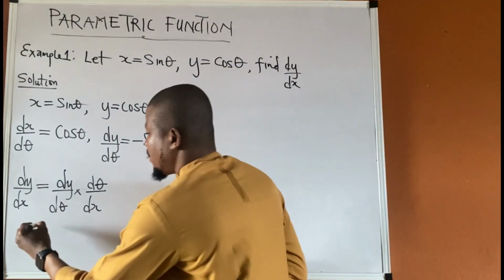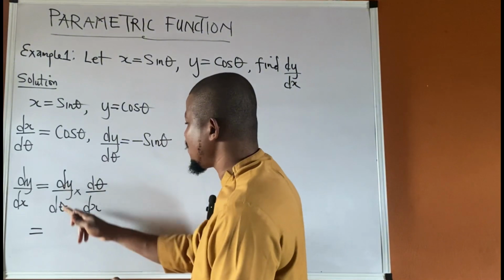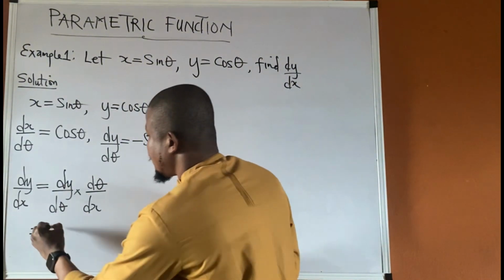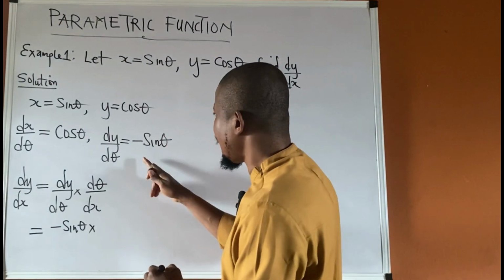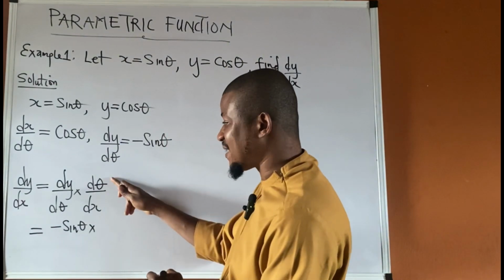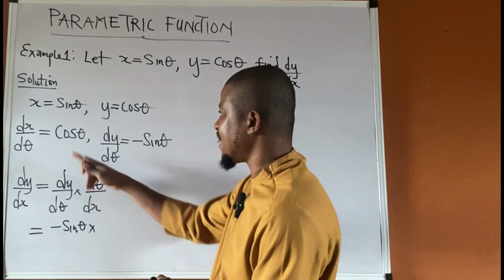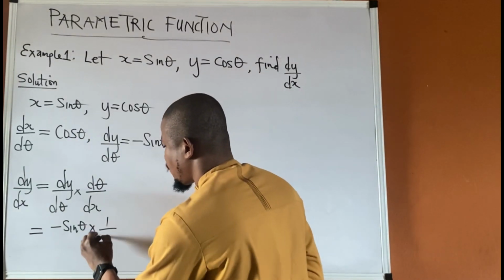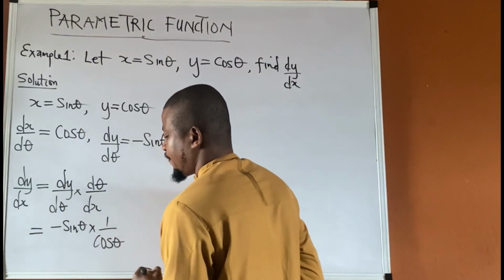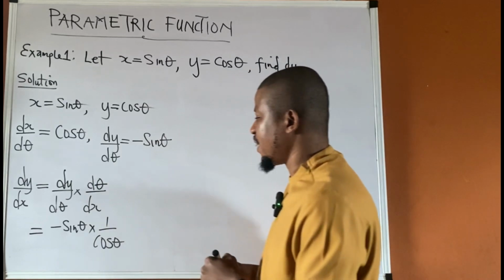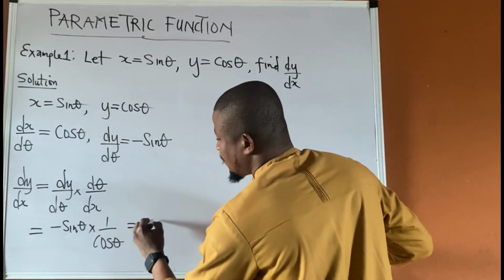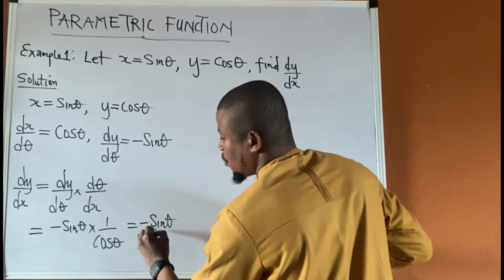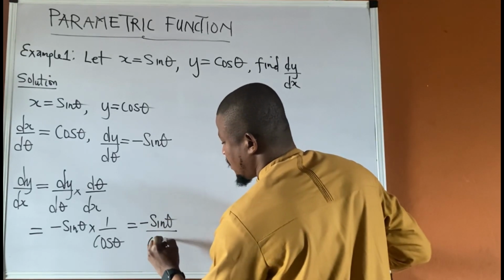And if we continue with this, we'll have our dy/dtheta, which is negative sine theta, times our dtheta/dx. The dtheta/dx will be the inverse of cos theta. Okay, and this will give us minus sine theta over cos theta.